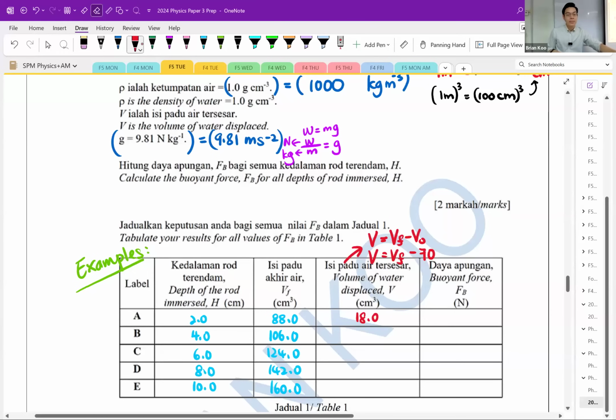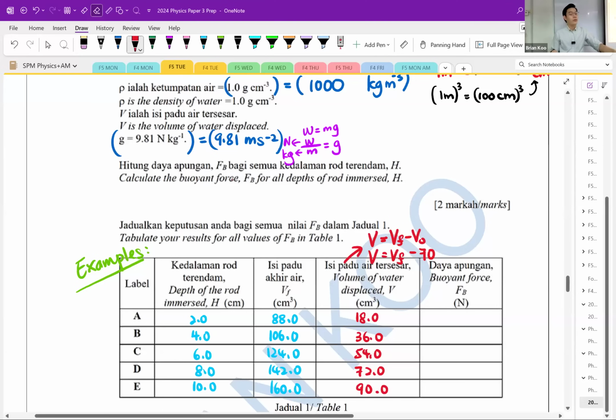You take 106 minus 70, you get 36, for example. 124 minus 70, then you get 54. All the numbers minus 70. So you follow your experiment. It could be 70, it could be 100. Last one is 90.